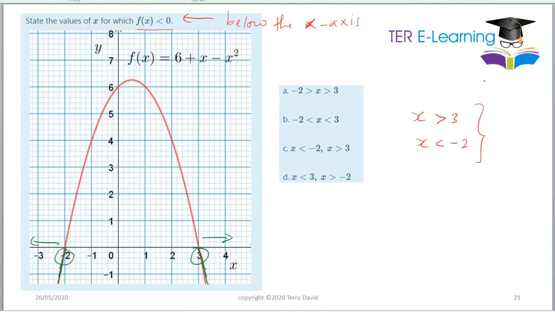So in this case here, the answer has to be C. All right, so the answer is C, not B, but C. All right, so before I move on, let me just make sure you all understand why it's C.